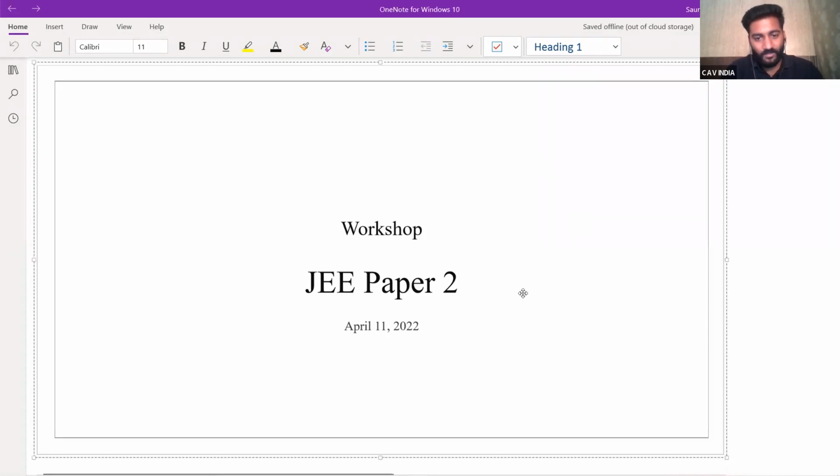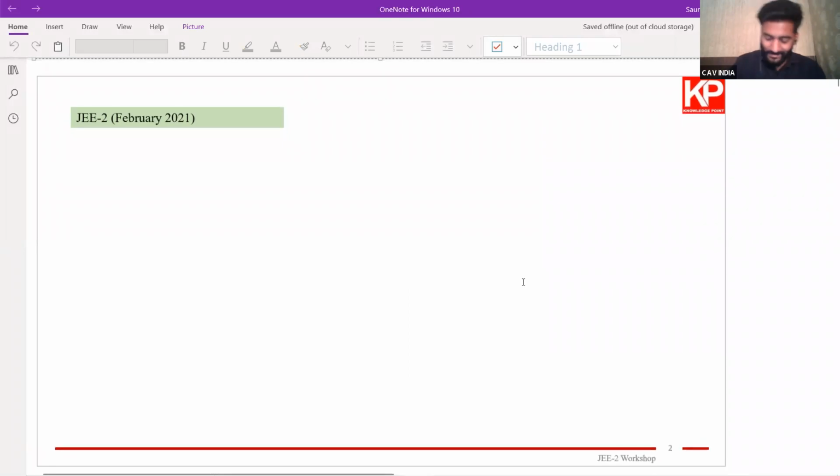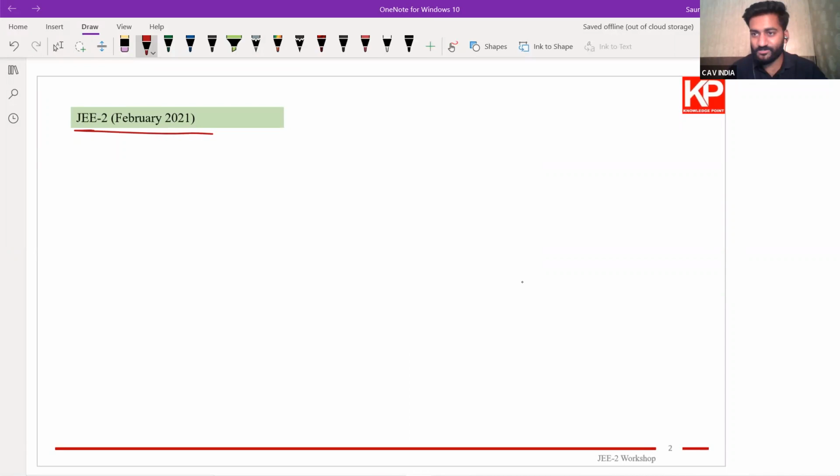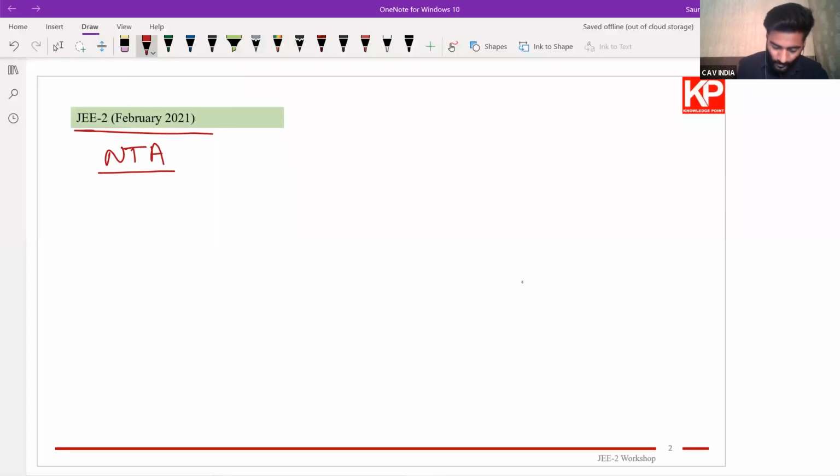So first, let's start with JEE paper 2. The dates are released by the National Testing Agency, NTA, who is the conducting authority for JEE. So there will be two sessions.